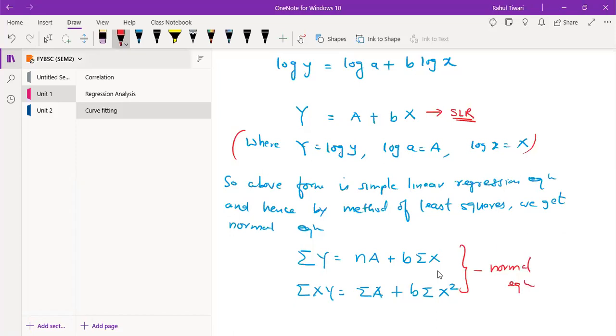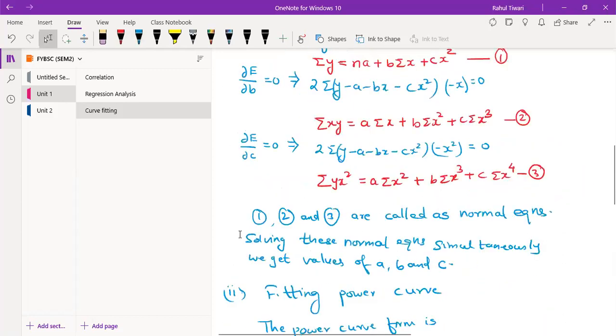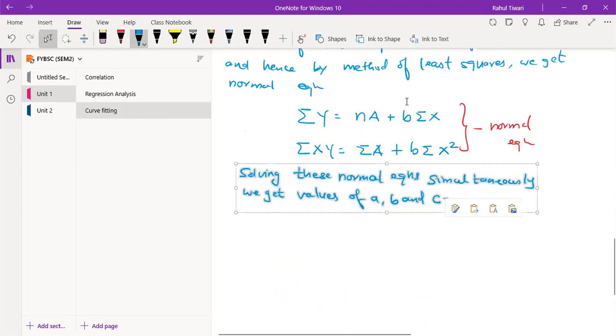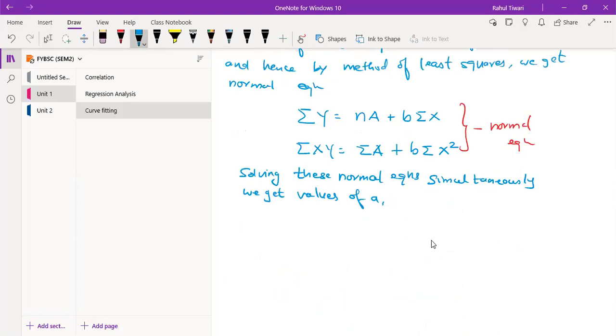And solving these normal equations, you may get the values of a and b. But which a and which b?